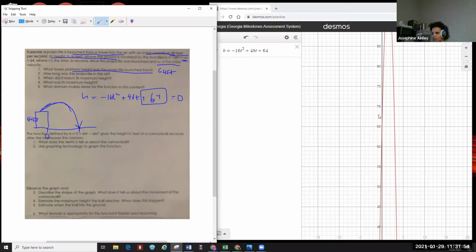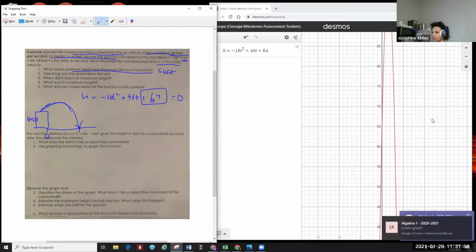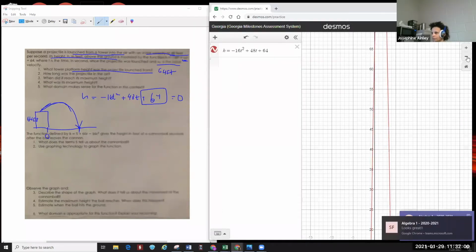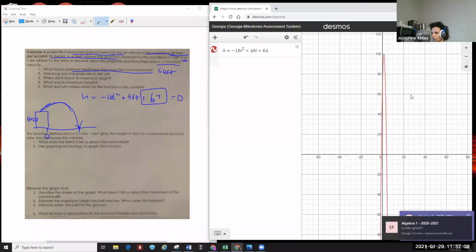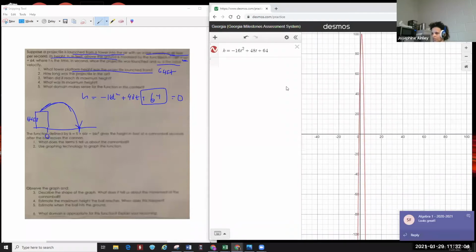So if I look at where it crosses the x-axis, that's how long it took. I go to the x-axis, click in there, and right here it's 4. So this right here is 4.